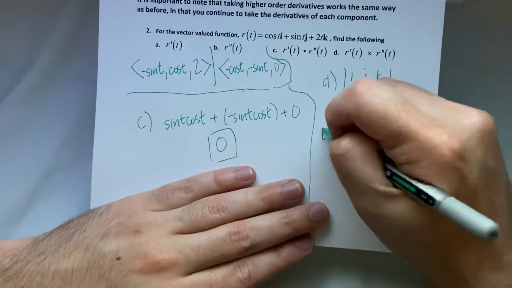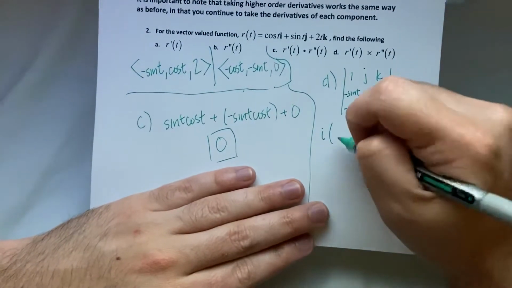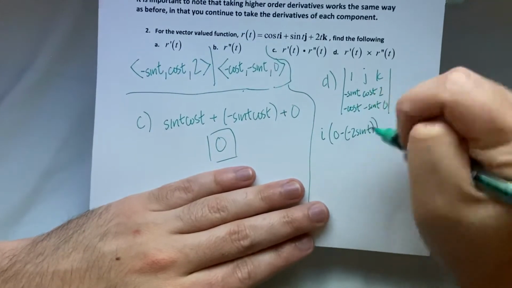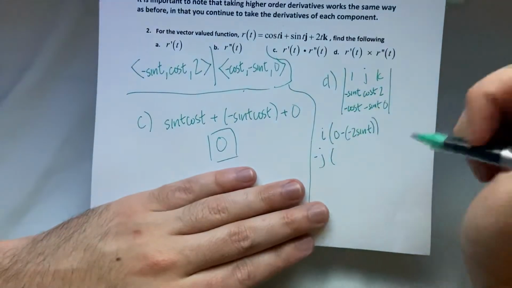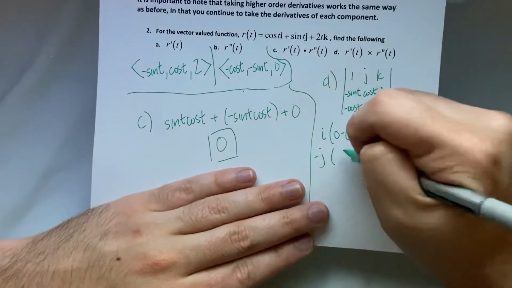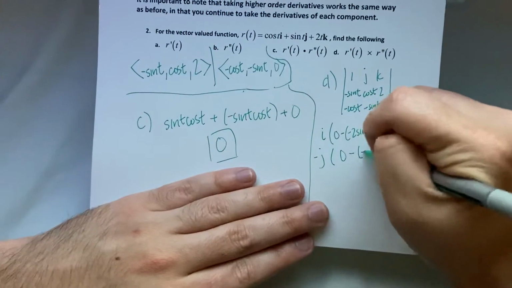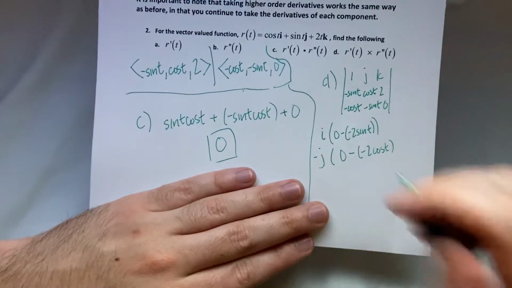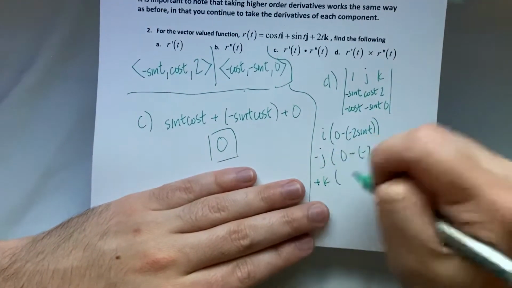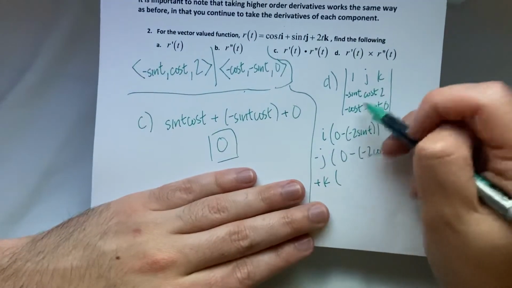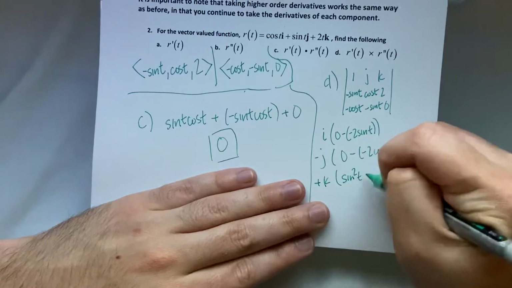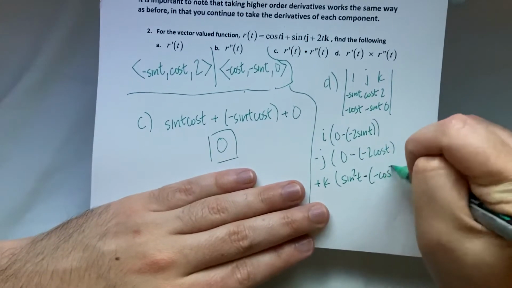Should be i times (0 minus negative 2 sine t), minus j times (0 minus negative 2 cosine t), plus k times (sine squared t minus negative cosine squared t).